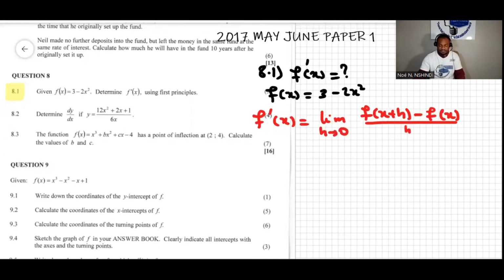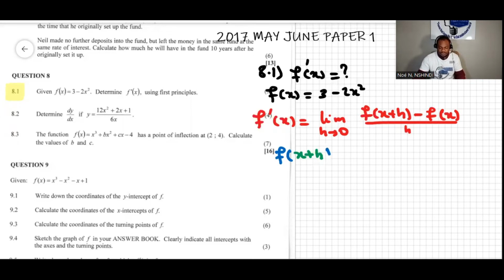Now, I prefer to do it step by step. Let's work out f of x plus h.